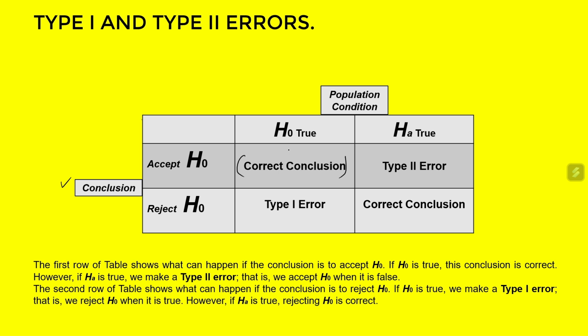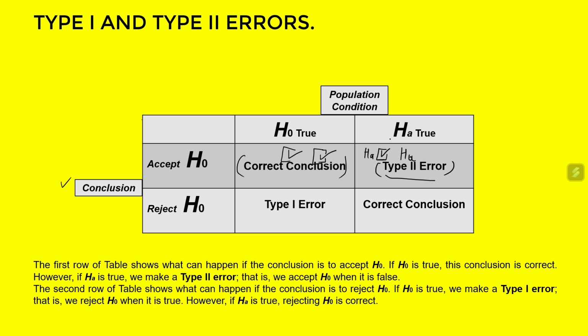H0 is true, and you are concluding that you accept H0. But if HA is true, it is our duty to conclude that we are rejecting H0. If HA is true and you are accepting H0, meaning you are accepting the wrong one, it results in a type 2 error.